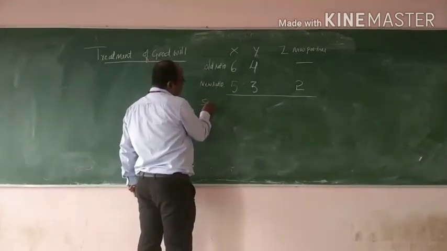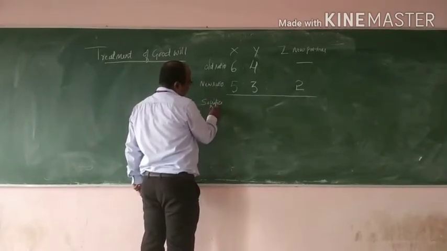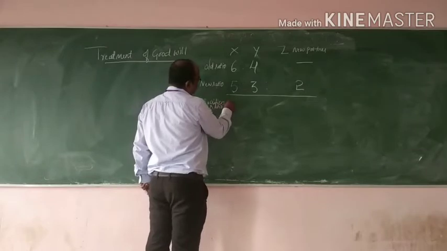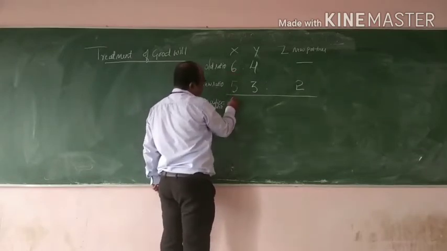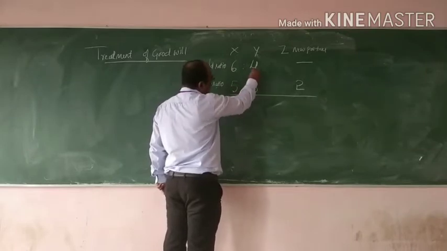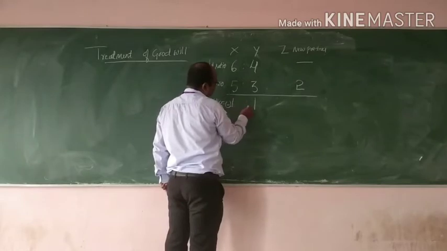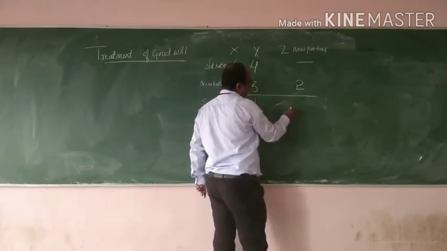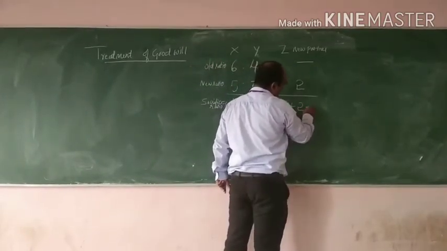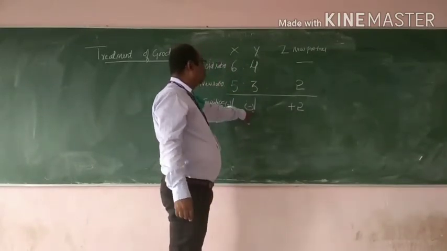Now, sacrifice ratio is 6 minus 5, 1. Previously it was 6 by 10, now it has become 5 by 10. 4 minus 3, 1. For Z, he was having 0, he is getting 2. So the sacrifice ratio of X and Y is 1:1.